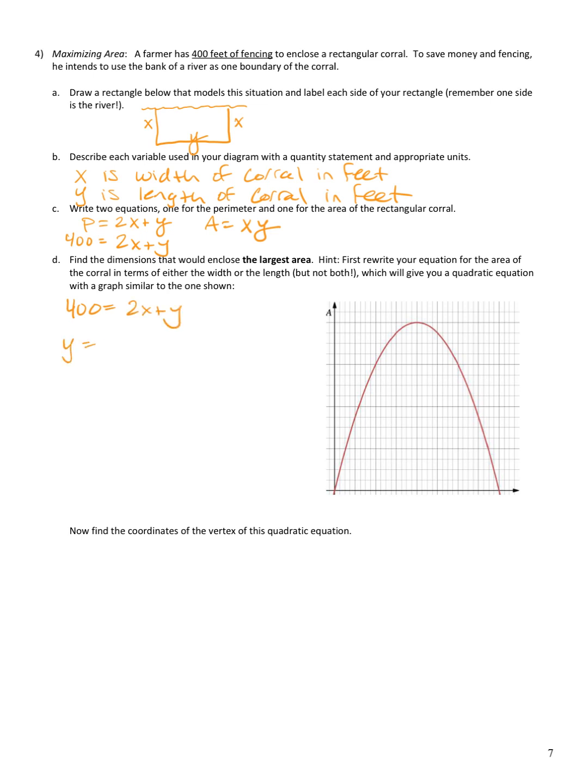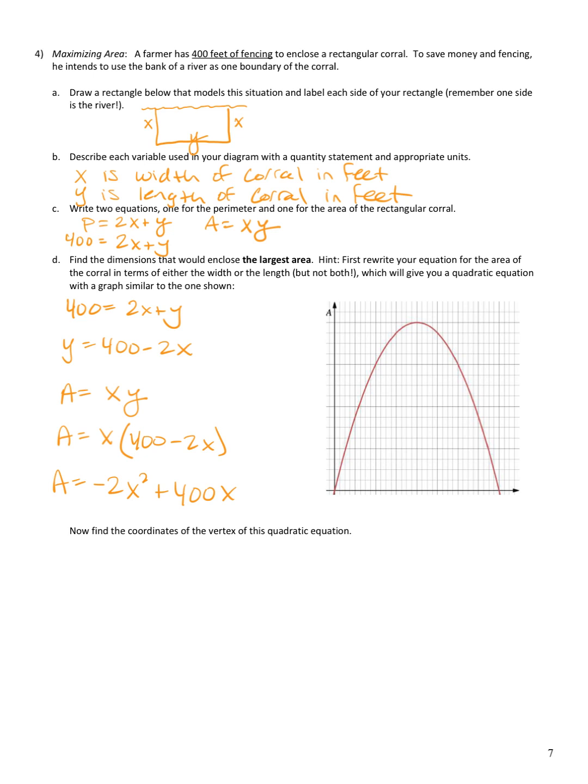Solve for y, and I get 400 minus 2x. And then in my area equation, which is x times y, I can replace the y with the expression I found in terms of x. So 400 minus 2x. And then when I distribute, I get negative 2x squared plus 400x.